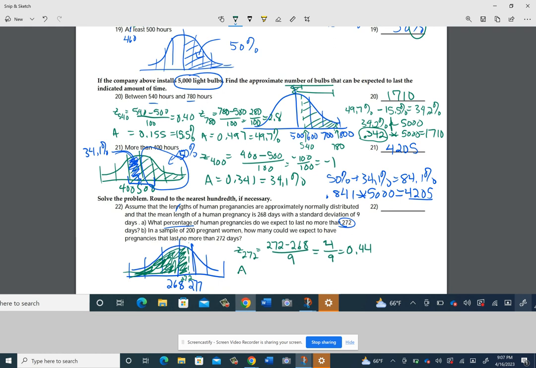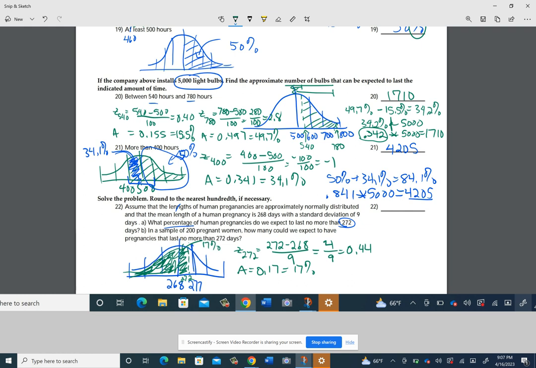The A that corresponds to that 0.44 is 0.17, okay, which is 17%. And that tells me this little piece right here. From the mean to 272 would be 17%.